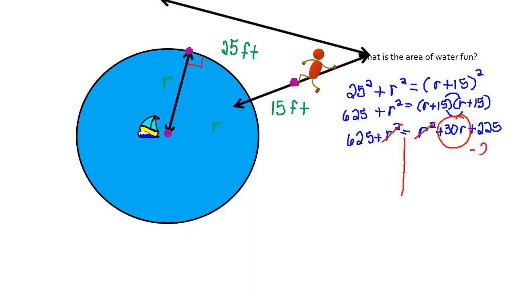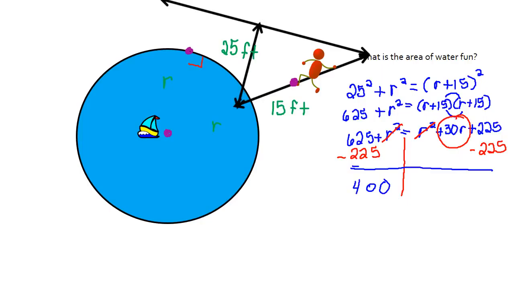And so we're going to take away the 225 from both sides. And that's going to leave us with 400 equals the 30r. And now we're going to divide out our 30.